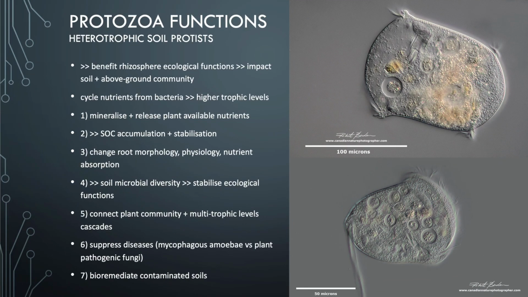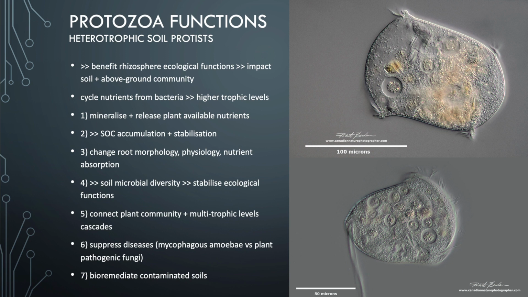So let's look at the soil protozoa or heterotrophic soil protists' functions in the soil ecosystem. They greatly benefit rhizosphere ecological functions because they impact soil and above ground organism communities, particularly through their cycling of nutrients from bacteria, so they feed higher trophic levels.